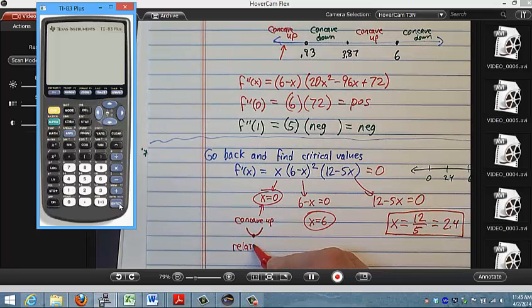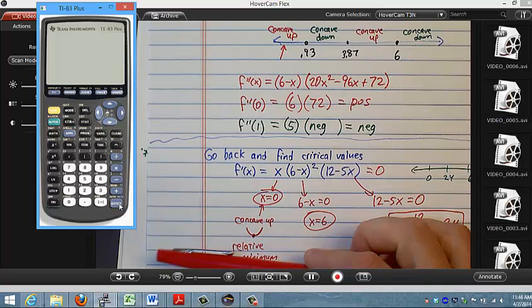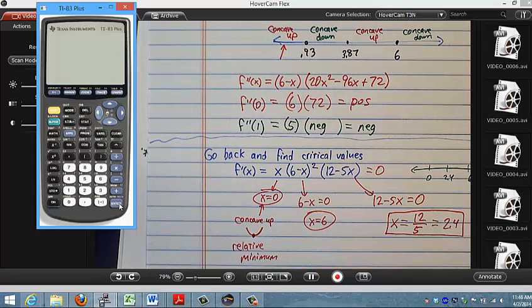We have a relative minimum. You can tell because the second derivative test tells me that. I can see it's concave up there, so I know that if the tangent line is equal to 0, I'm going to have a relative min. What if the... Hold on. Let's do 2.4 next, for a reason.